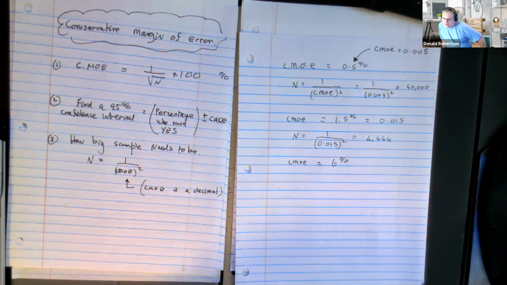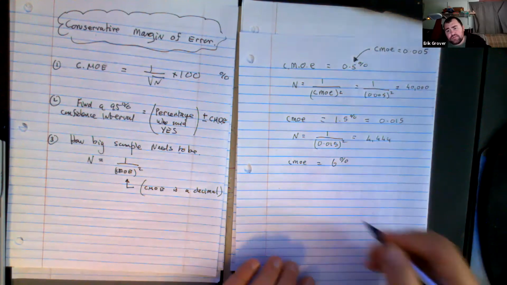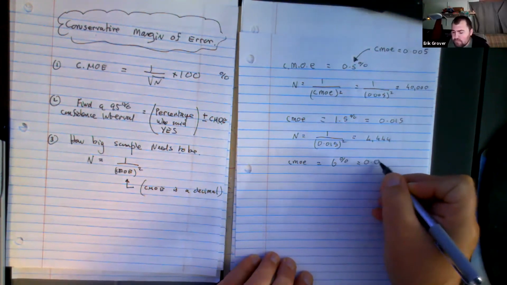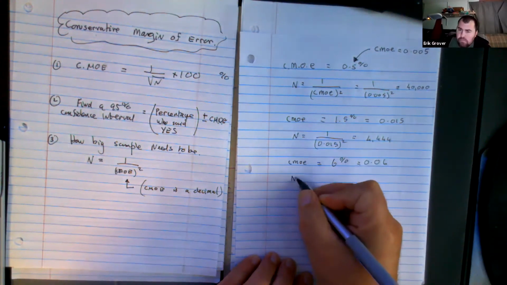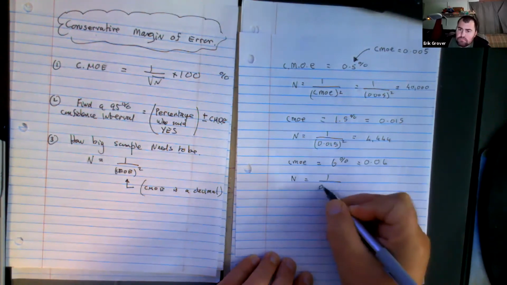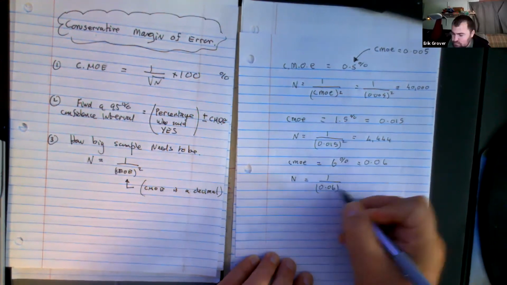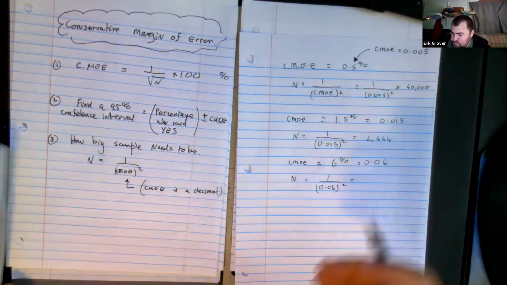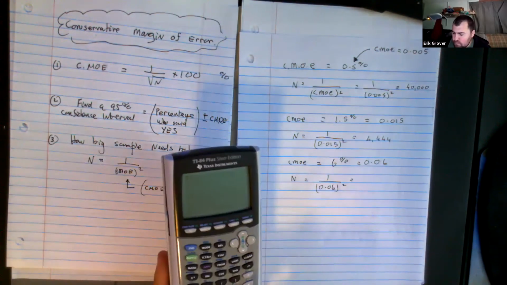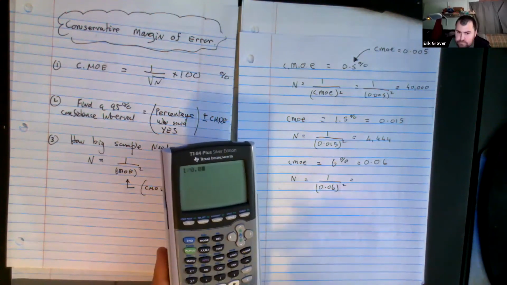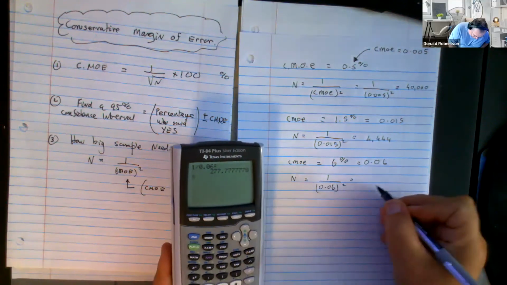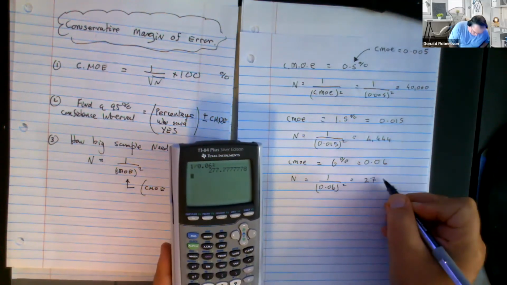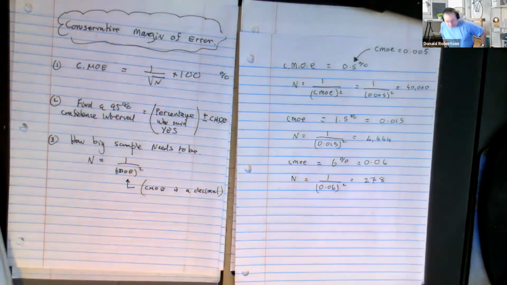Hundreds or thousands? Hundreds. Let's sign up. Well, I guess round it off, 278 people.